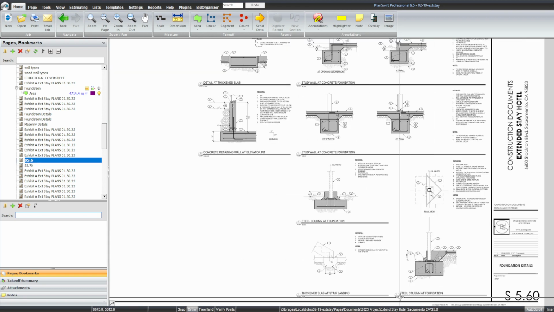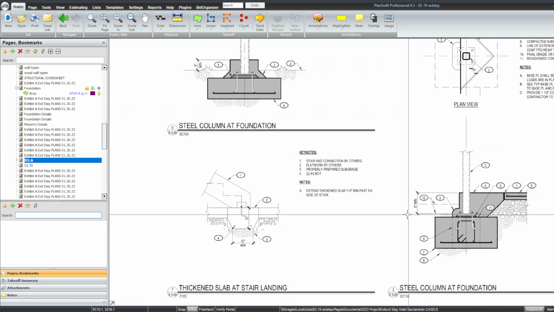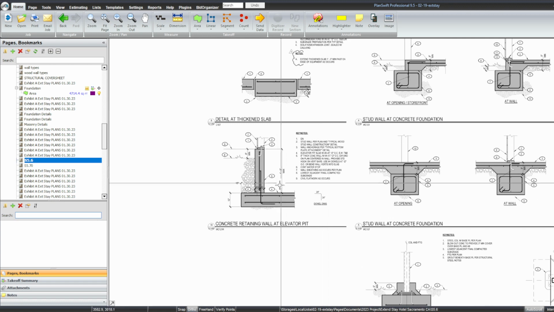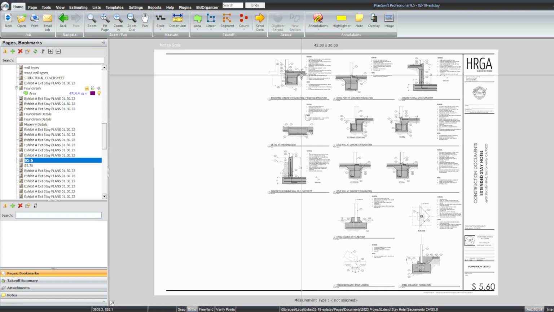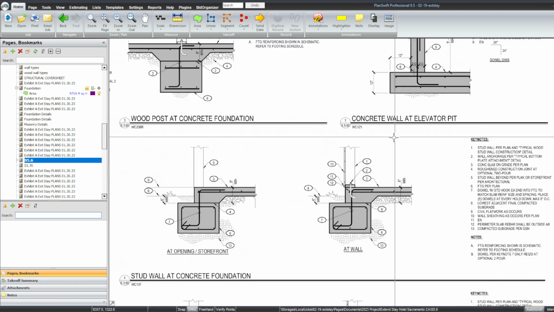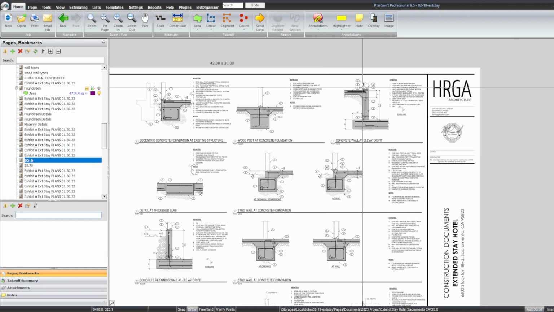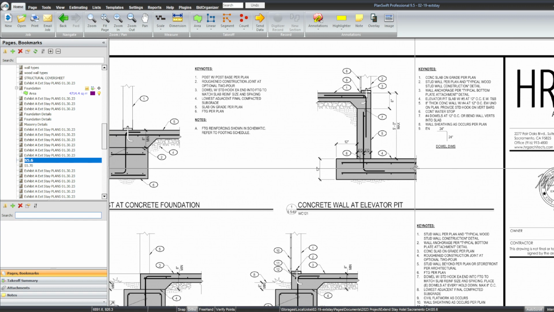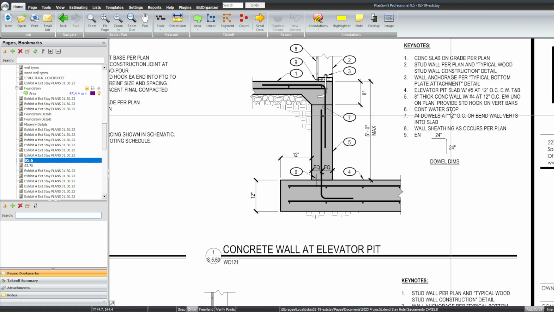If I can find it. All right, so 1. You would think it's like 1, 2, 3, 4, 5. It's not. So here's 1. Okay, here we go. Concrete wall at elevator pit. You see? 4 is the elevator pit slab.